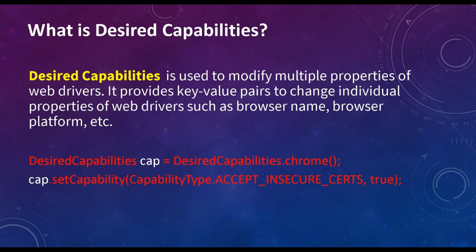So we are going to accept that insecure certificate. Once it is done, it will open up your browser, and we have to set it to the value true. This way you can enhance the features of the WebDriver by setting up the capability.